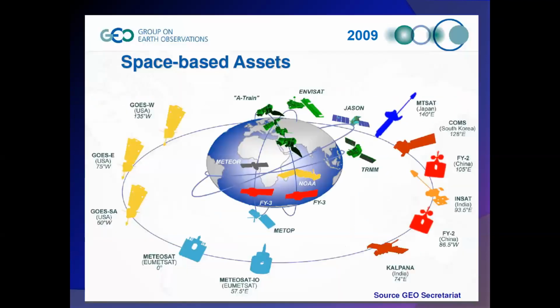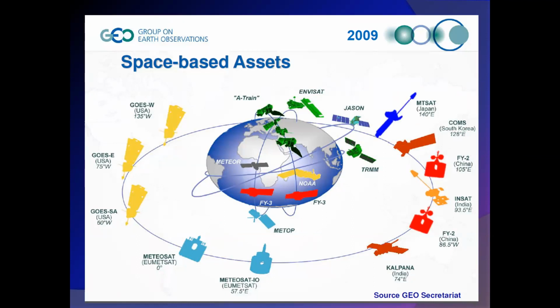And, over the past 30 years or so, when satellites first started with observing the planet, there were just a few of them that were up there, and I think the rainfall one was TRMM, 1987.